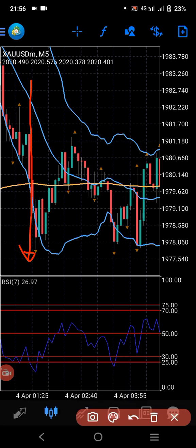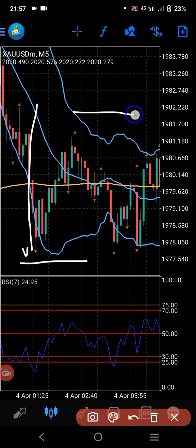This candle that flew down to this point: you can see the Bollinger Band was at this point too, and the upper band is at this point too. The base, that is the center line, is at this point.